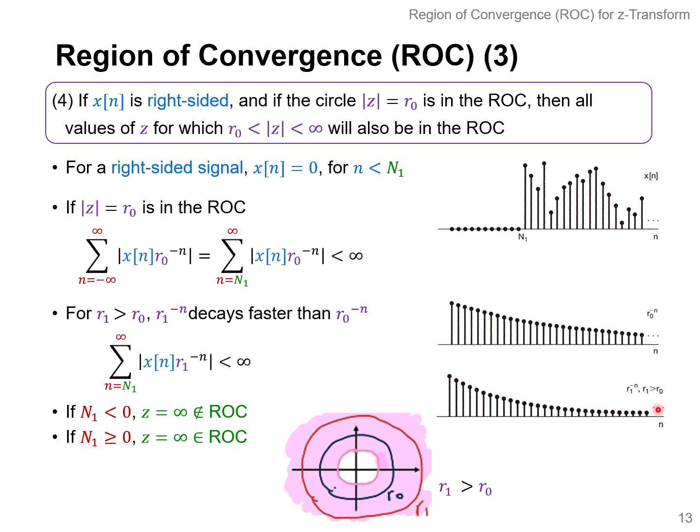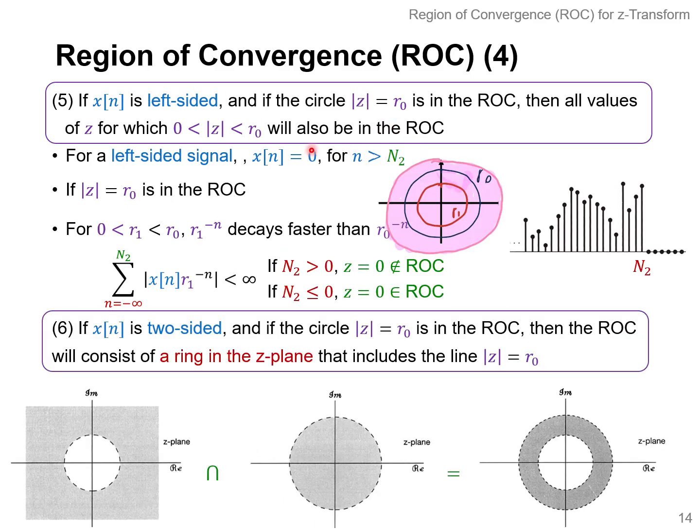So the ROC expands outward. One more point: if n1 is negative, then z = infinity is not in the ROC. If n1 is larger than or equal to 0, then z = infinity is in the ROC. This matches what we said on the previous page.